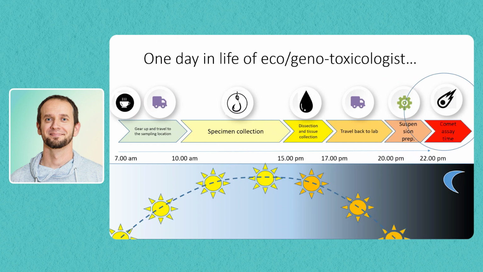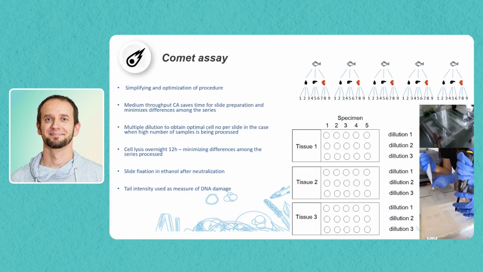So finally, it is evening. We came to the laboratory. We can start doing the Comet Assay if we decided to do it all in one row. Here is an example of how it actually looks. For instance, if we have collected 5 fish, and we are doing research on 3 types of tissue, it's 5 times 3.